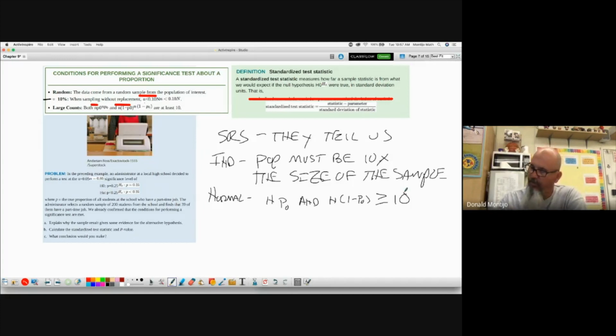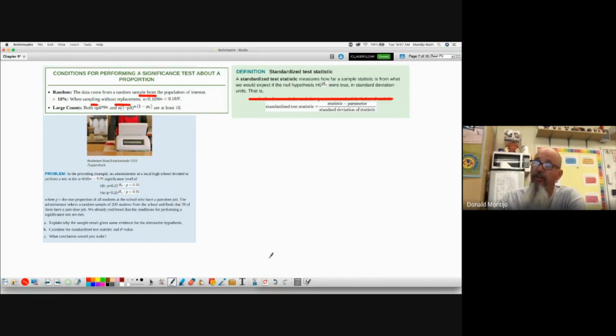In order to find a p-value, first we need to find the test statistic. Okay. So the test statistic is going to lead us to table A or table B, which will then lead us to a p-value, which in turn will give us our conclusion. Okay.